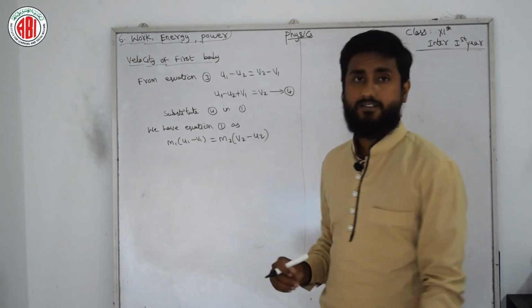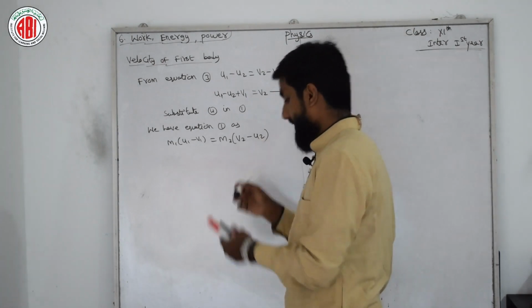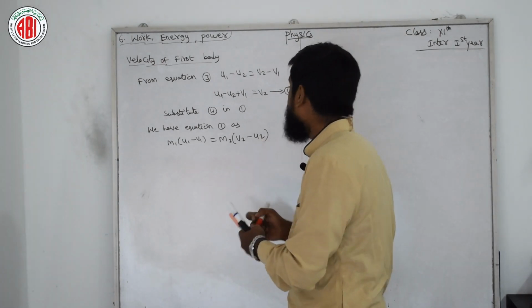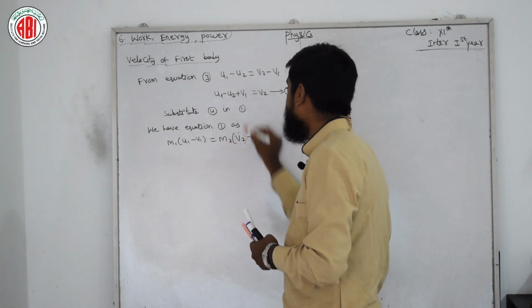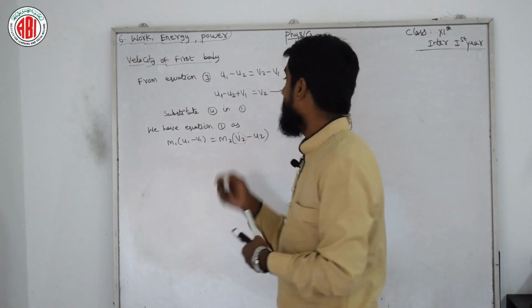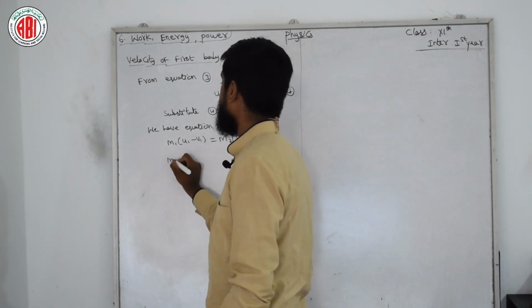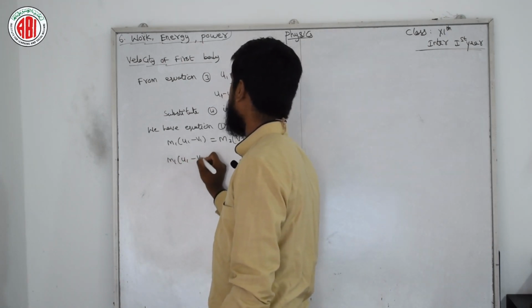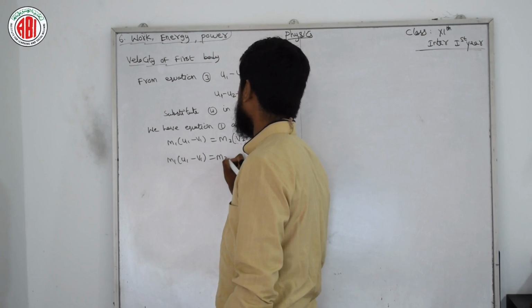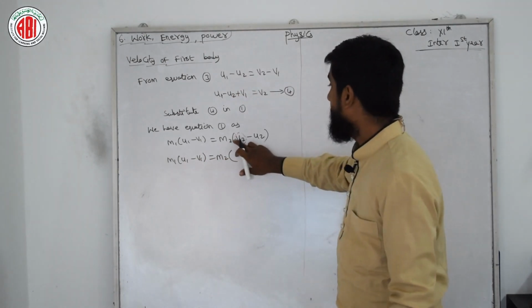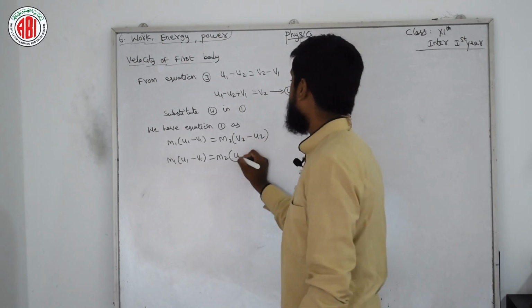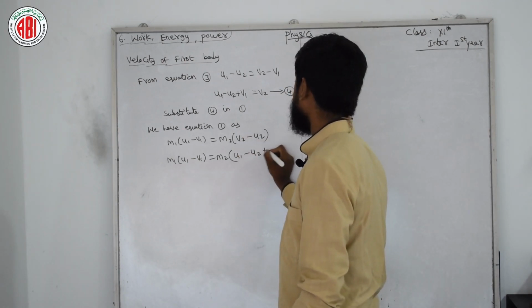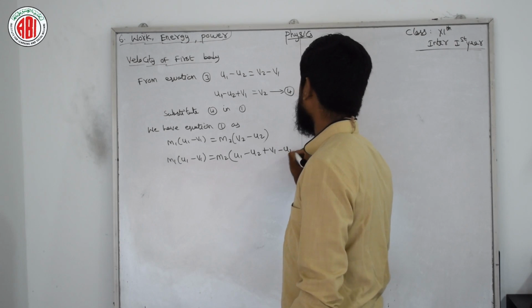Now in place of v2 I will write the complete term: m1 is as it is, u1 and v1 also as they are, m2 also as it is, and v2 is changed to u1 minus u2 plus v1 minus u2.